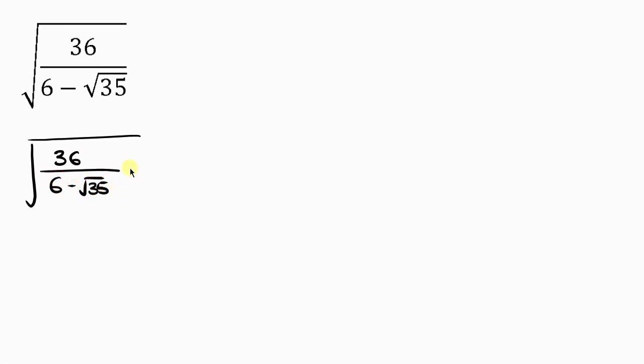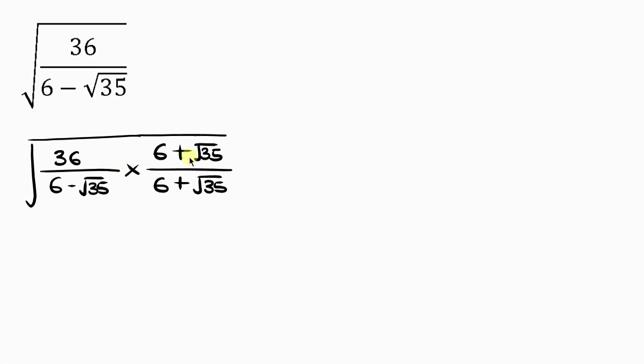So rationalizing, we're going to be multiplying the denominator by 6 plus the square root of 35. We're also going to be multiplying the numerator the same way, 6 plus the square root of 35.